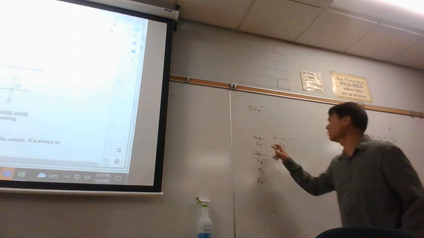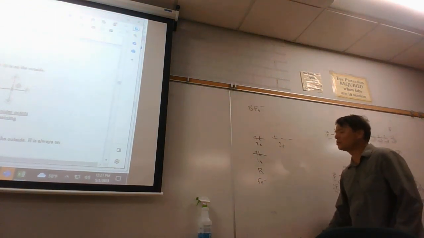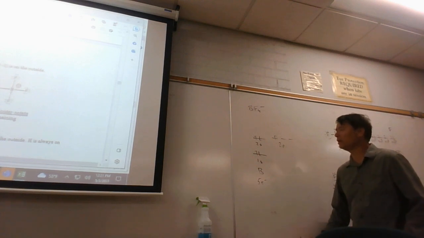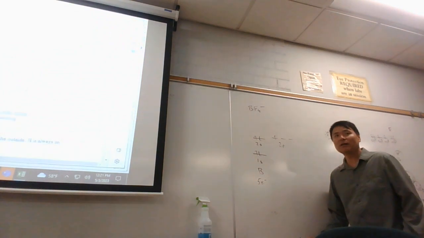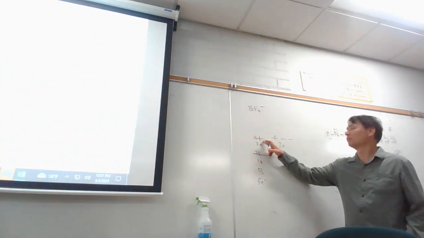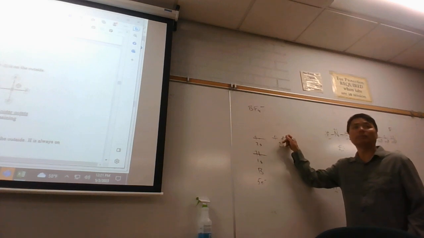So if boron can only make 1 bond, then it's not that stable. And so what we can do here is maximize bonding by promoting the s electron to the p.